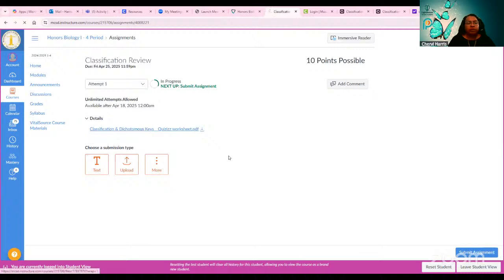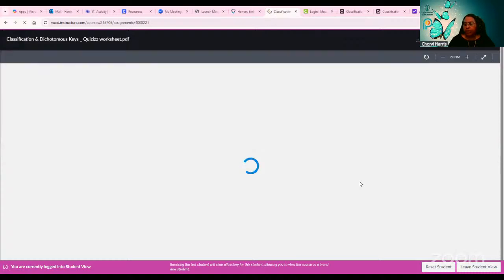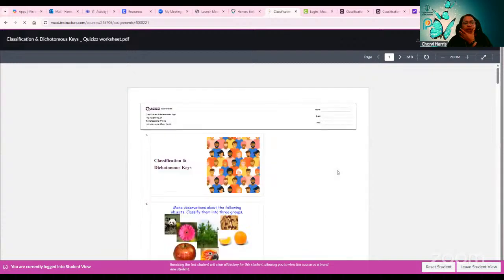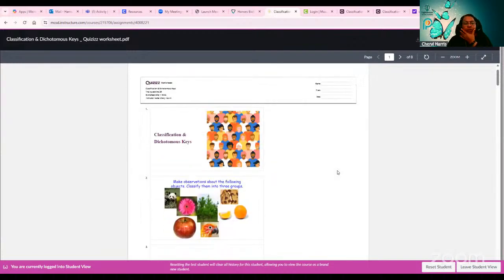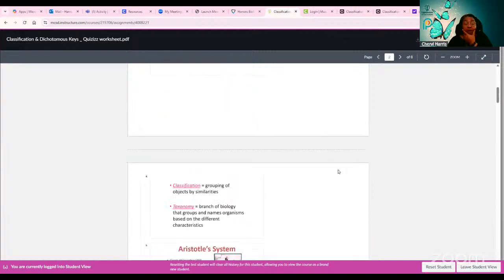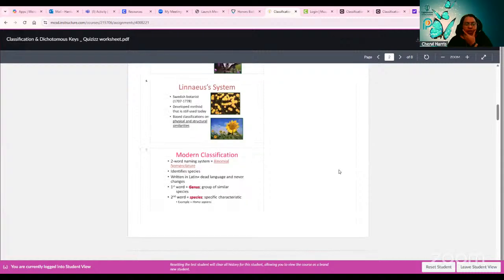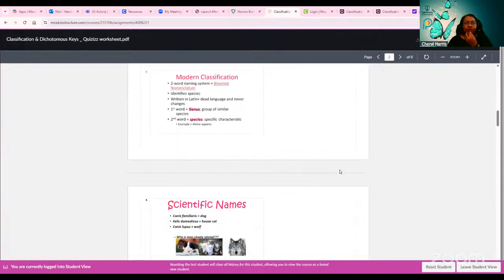All right, you all struggled with classification and dichotomous keys, so I want you to work on this one. This one kind of functions like a Nearpod, where they give you some information and then they give you some questions to answer as well.